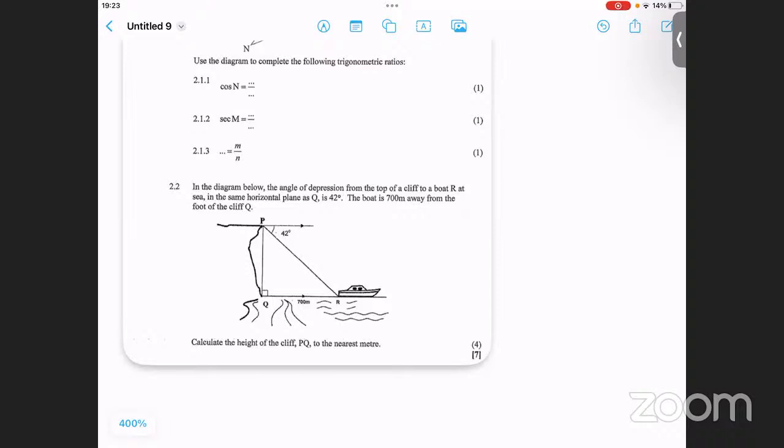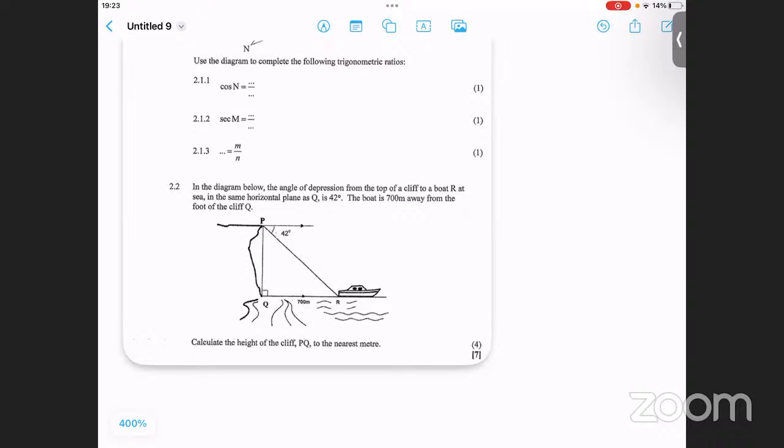The question now will be, what is it that you will be calculating for? So we're calculating for PQ, sir. The length, I mean the height.